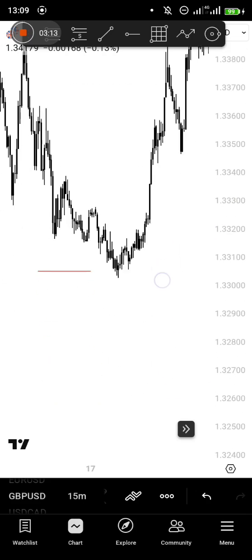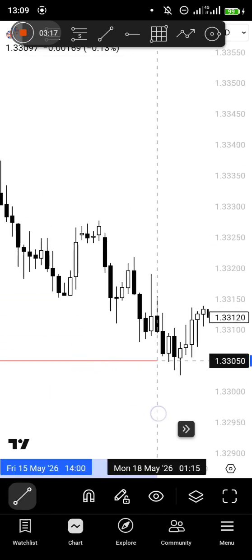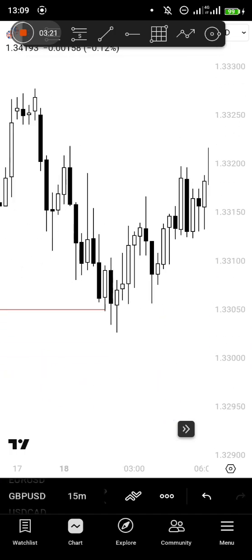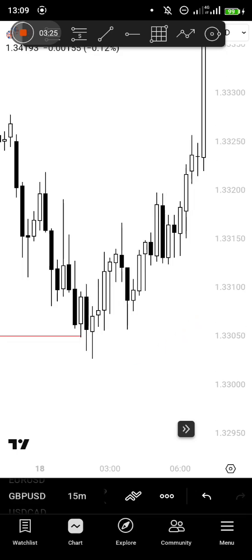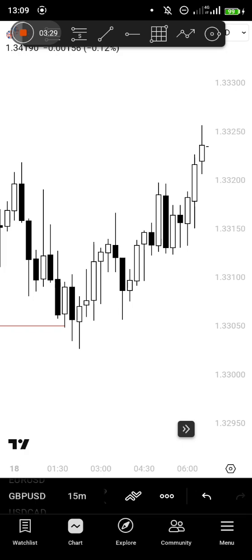Now, this is where it gets very, very interesting. As you can see, we are looking for an engulfing candle, right? Now, watch here. Where's the first engulfing candle? An engulfing candle can be formed in different ways.